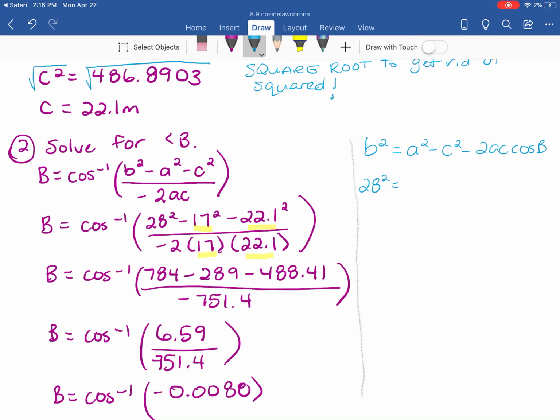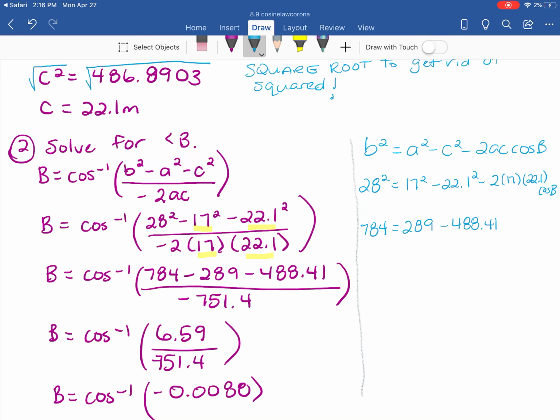So maybe perhaps this is a little bit more down your alley, to rearrange it like this. You'll get the same answer. It doesn't really matter, but like I said, maybe this algebra is more down your alley.